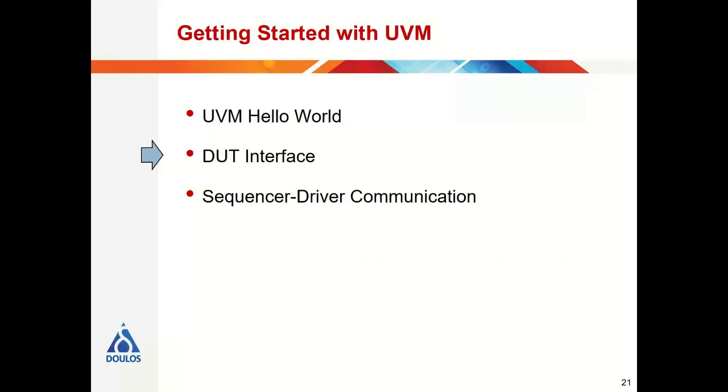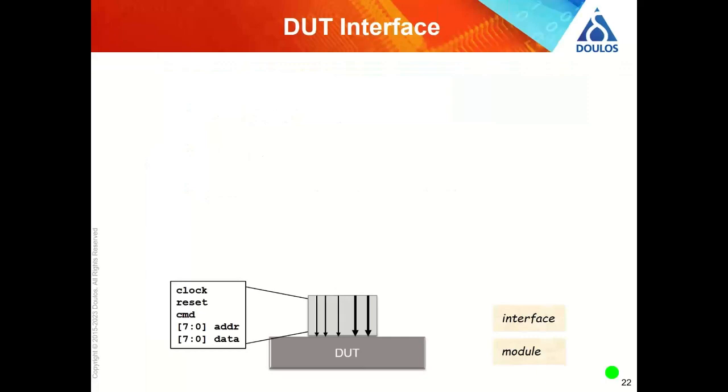Now let's take a closer look at the interface. We'll see how we can add that. The interface is there to connect the pins on the device under test to UVM. The reason we need that interface is that we want something we can easily use to access this part of the hierarchy in SystemVerilog from inside a SystemVerilog class.